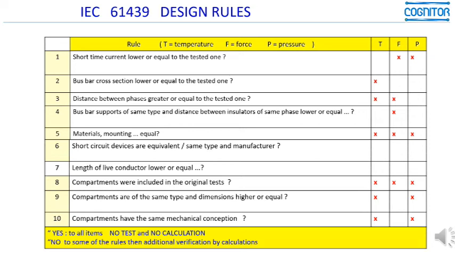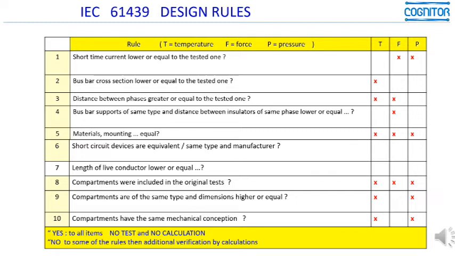In this table here, it's basically the same table of the previous slide. I added the 3 columns on the right side just to identify which kind of technical aspect is focused by the rule.